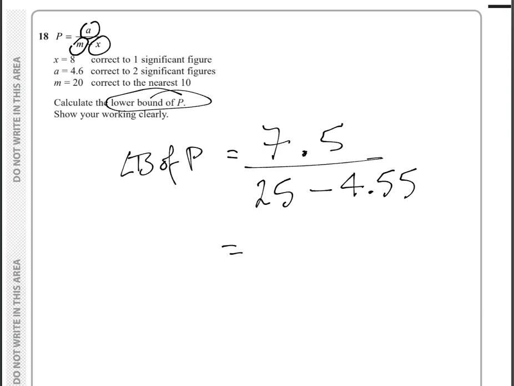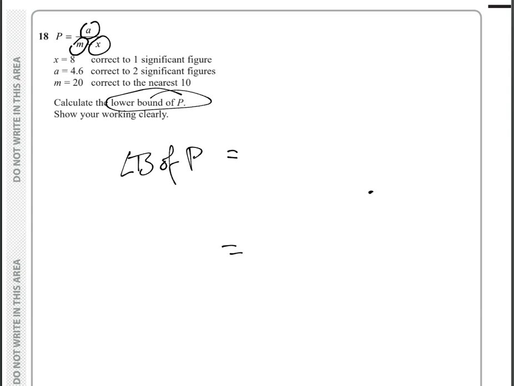Letters the wrong way around. Sorry. So A is on top, I want a small A, so that's 4.55.